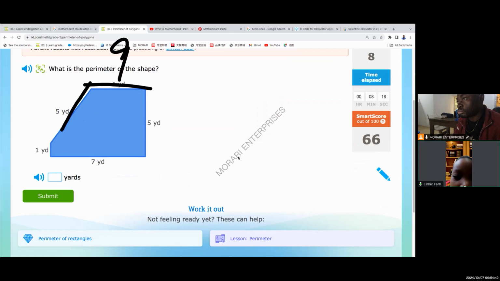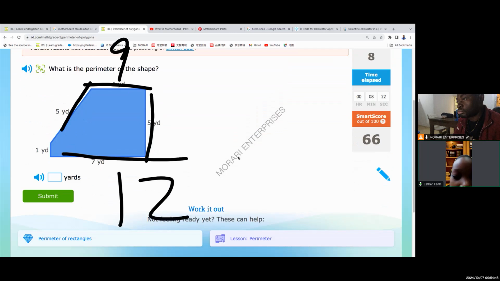This is 9. 5 plus 7 is 12. And 1 yard. 9 plus 12 is 21, plus 1 is 22.